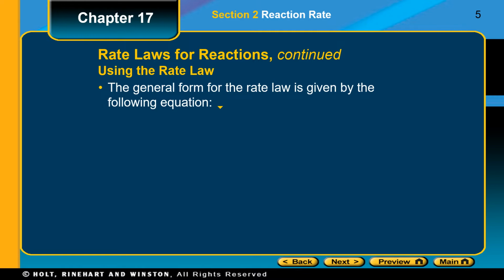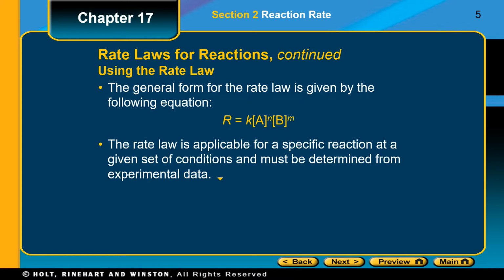So we can come up with now a general form for the rate law, and it's given by this equation. R is equal to K times A, which is the first reactant, raised to some power, and then B, the other reactant, raised to its power.